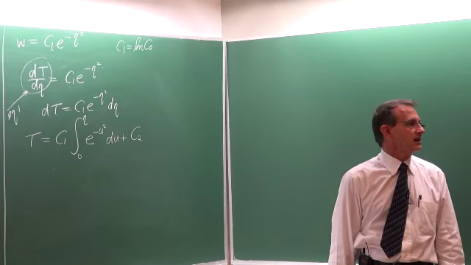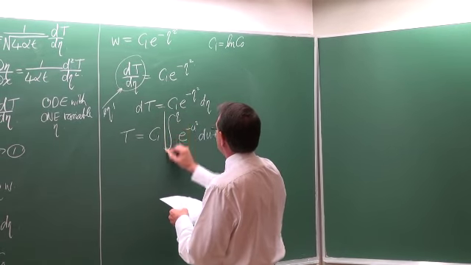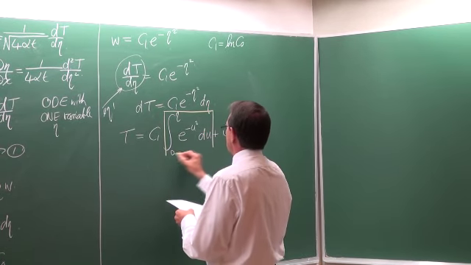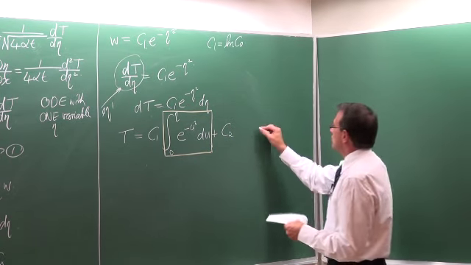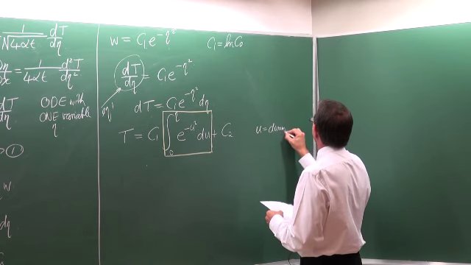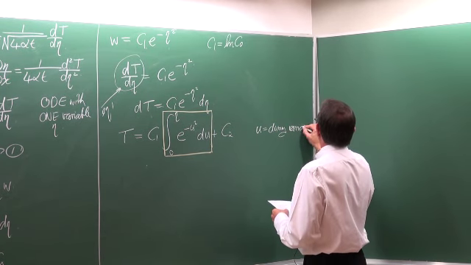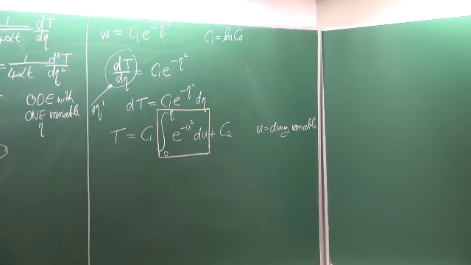Okay. Where does that now suddenly come from? Where u is a dummy variable. u is a dummy variable.